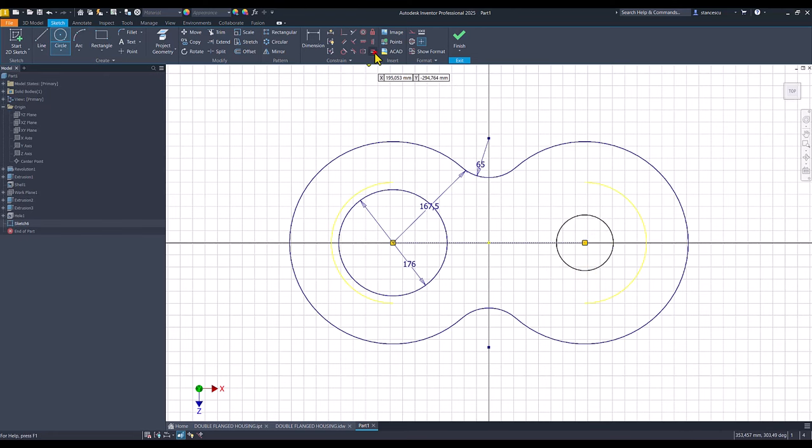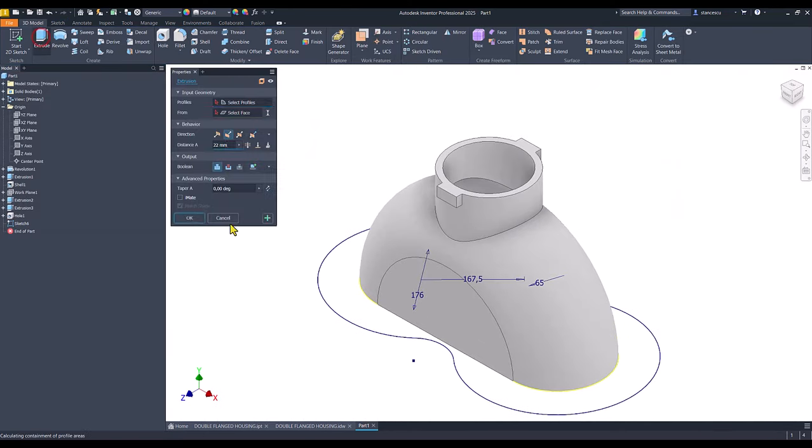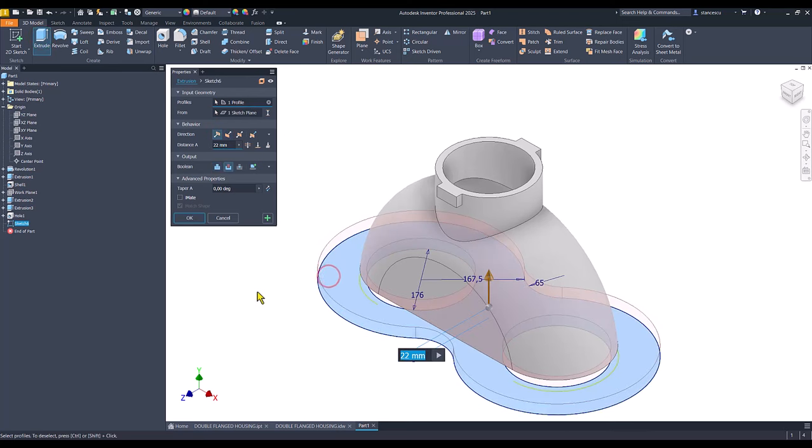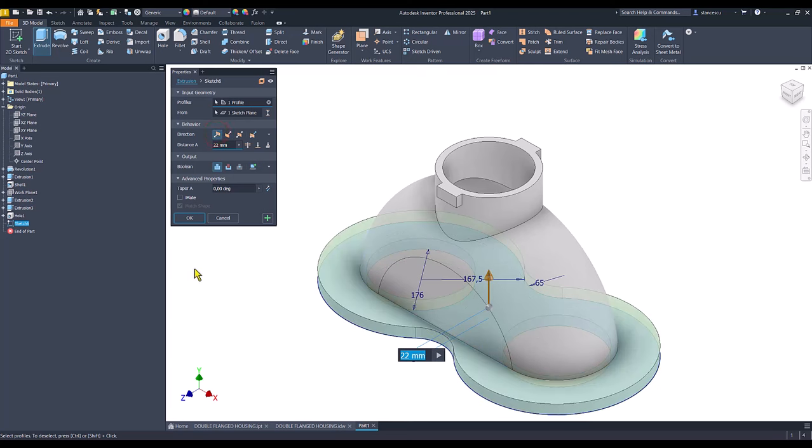This is equal to the other. Okay, now extrude this with join, other direction, thickness of 28.